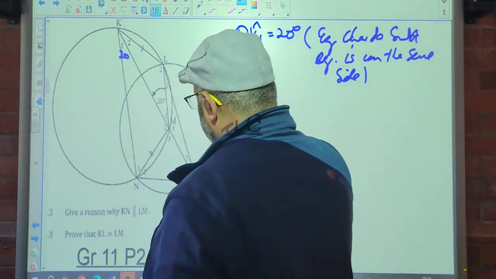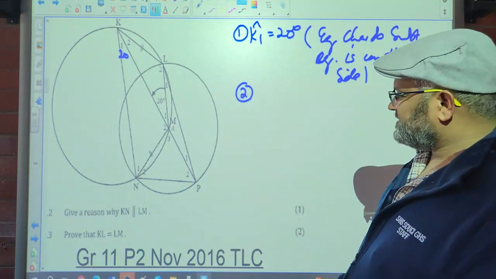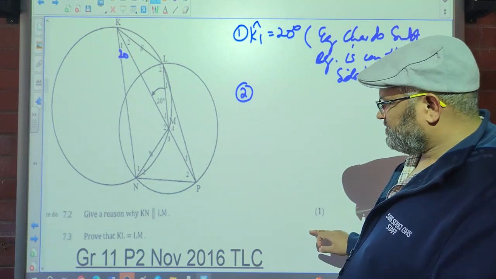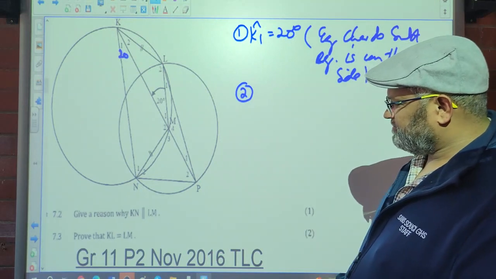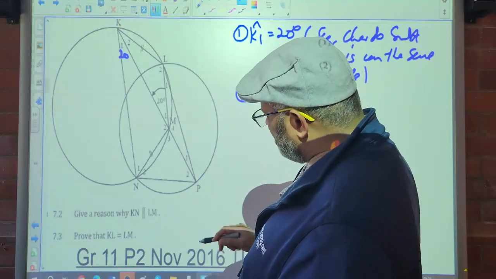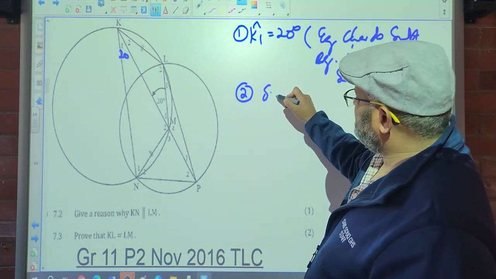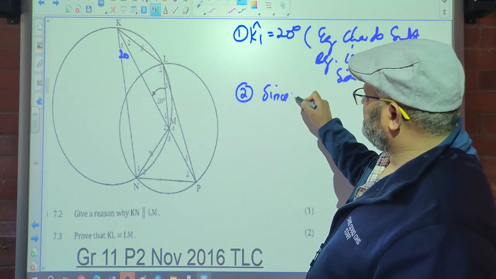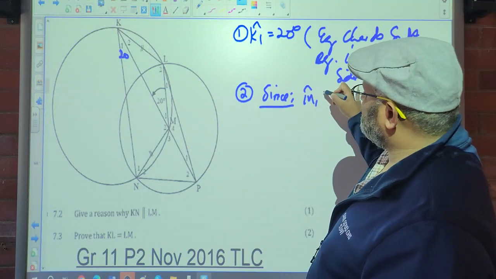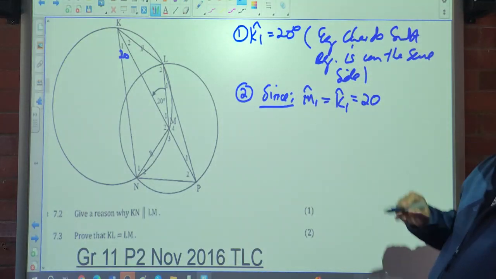Let's look at number 2. Give a reason why KN is parallel to LM. I just told you now, since M1 is equal to K1, which is equal to 20.